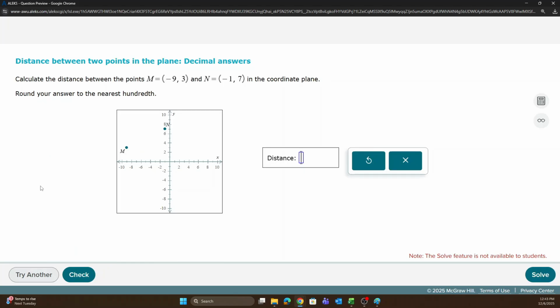All right, so here we have our problem for problem 2 on this problem set. Let's remember that since we're doing the distance formula, we need our distance formula. Let's write that out. D equals square root of x2 minus x1, squared, plus y2 minus y1 squared.